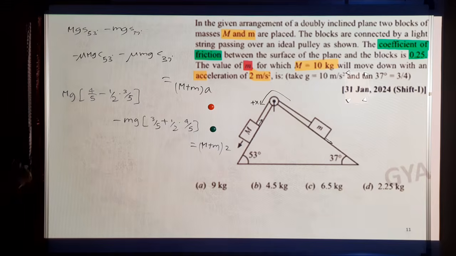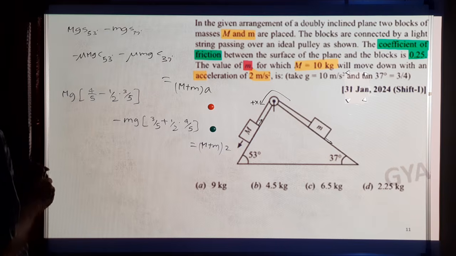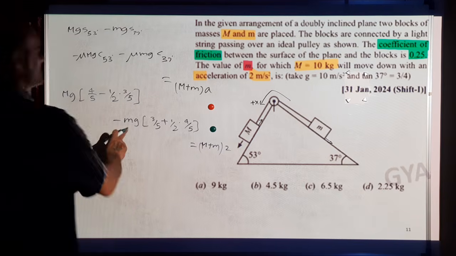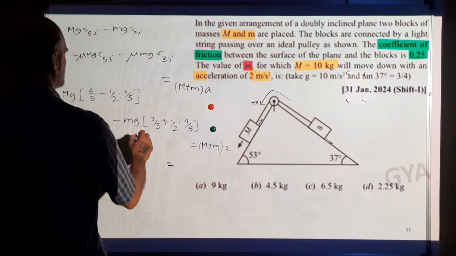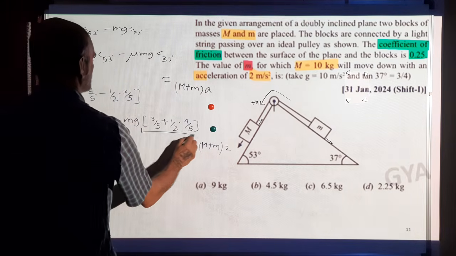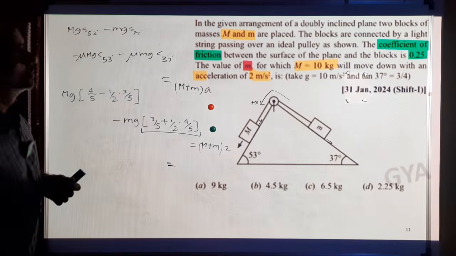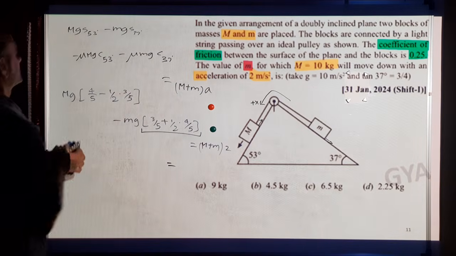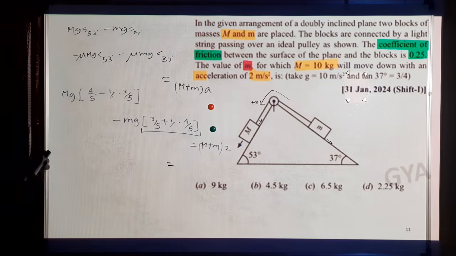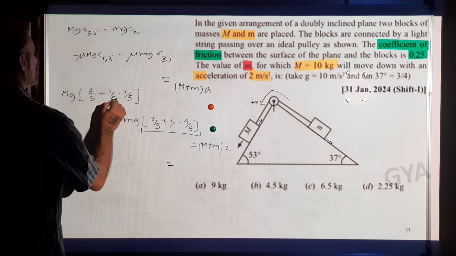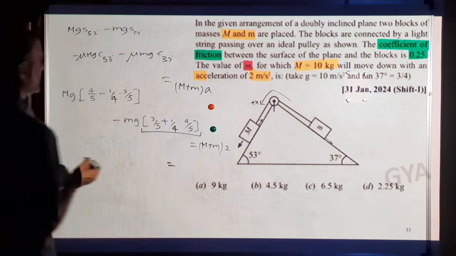Capital M is 10. Okay, so this we can simplify. So only m is unknown here. So on the right-hand side we have 2m, and mu is 0.25. So it's 1 by 4.